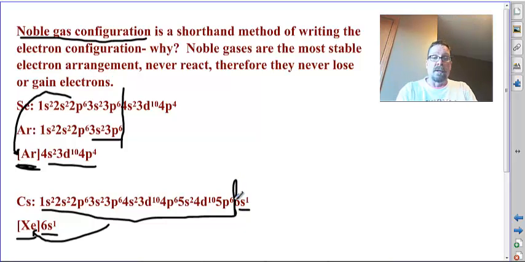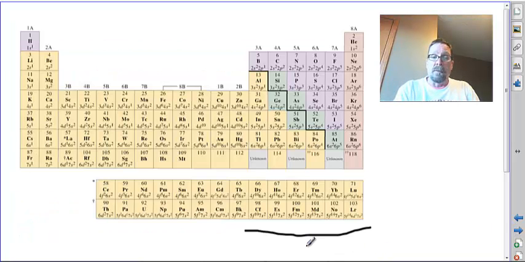And that's the way I can crunch it down. It takes a little practice, but if you really are looking at how the periodic table is organized and how the electron configuration chart, that Aufbau chart, goes in order as it's written, then you should be able to do that rather quickly.